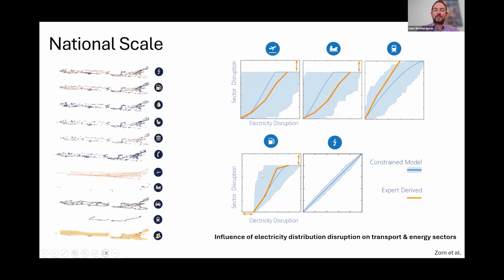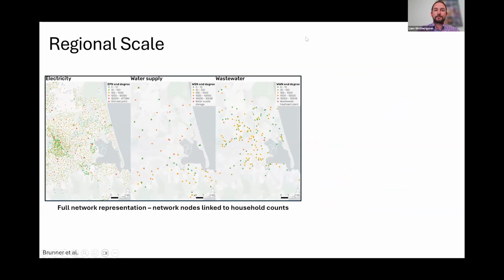We can then make comparisons between the data-driven model and an expert-derived or expert-elicited model, where people who understand their networks make some estimates based on what that looks like. Interestingly, in this case, those were pretty well aligned, which isn't always the case. But we can use the national scale and the linkages to really explore that.